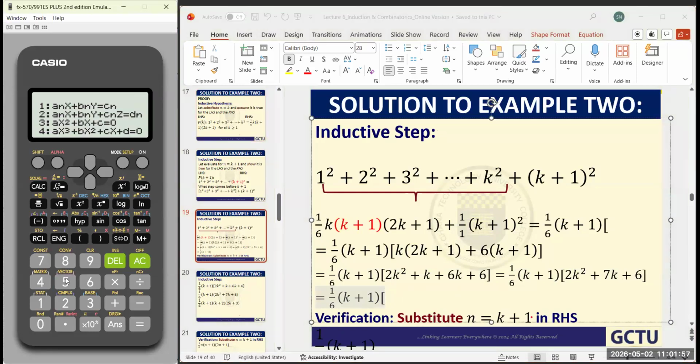Equation, 5, quadratic is 3. The coefficient of the square term is 2. The coefficient of the k term, x term, is 7. And then the coefficient of the last term is 6. Now, what is x1? x1 is 3/2.